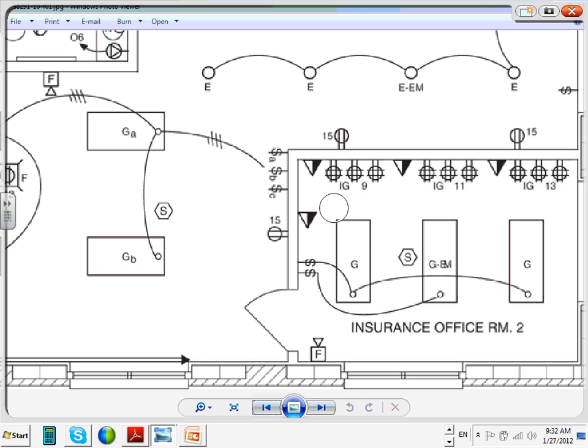Okay, so that fixture here will allow you to do your emergency light. There are so many ways of doing it, and I honestly don't know exactly what they did. One way is to have a battery backup inside that fixture.